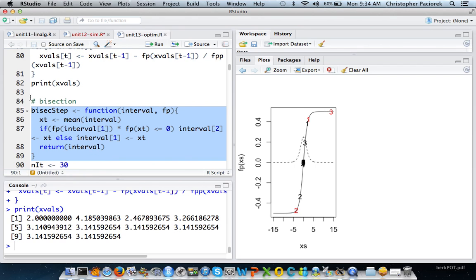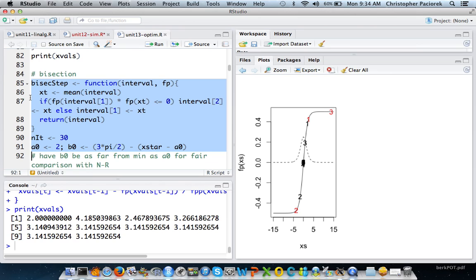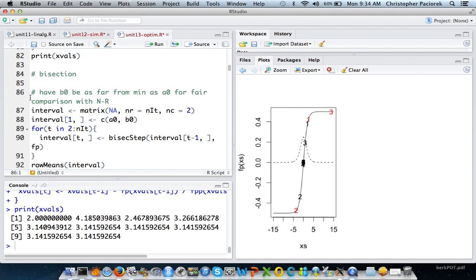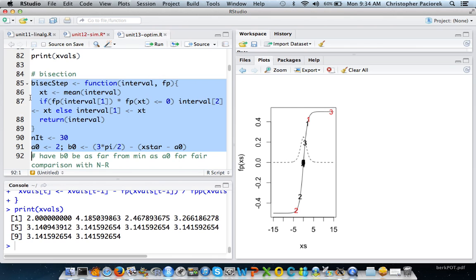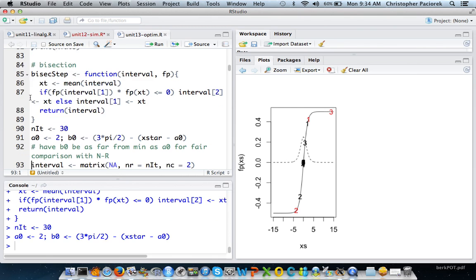And then this is me coding up what would happen if we did bisection. I have to start out with a lower and an upper bound in this case, and I tried to set those up to be a fair comparison here.